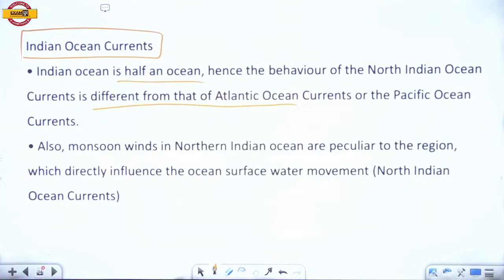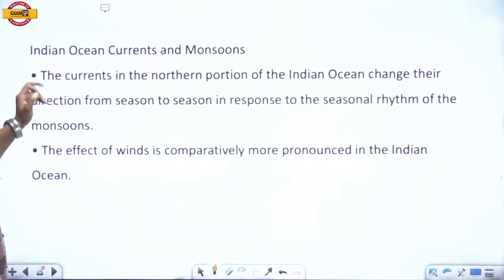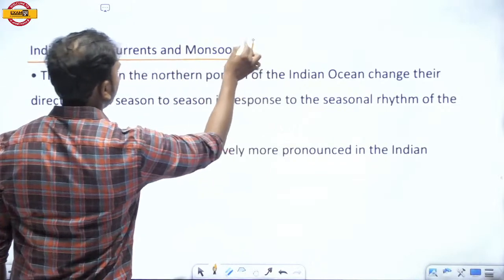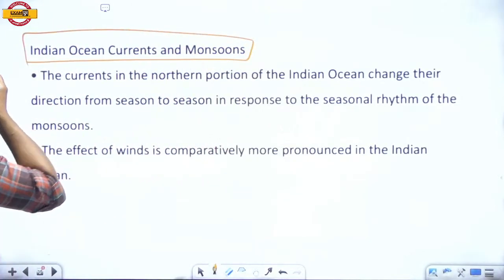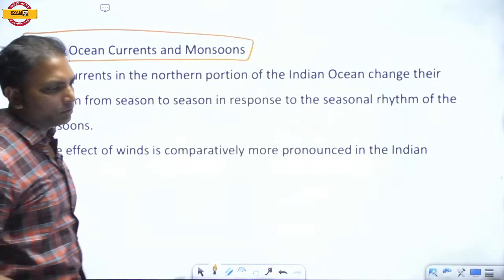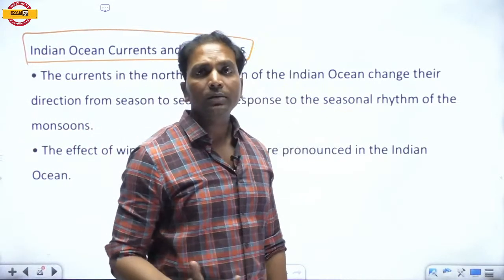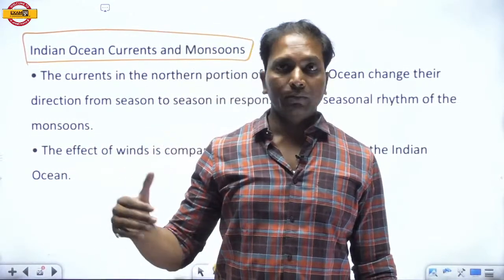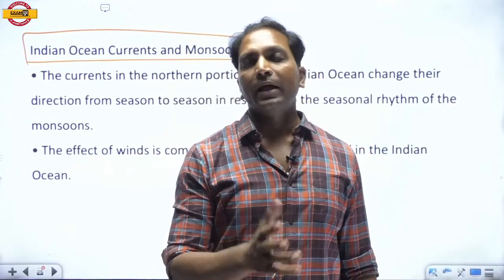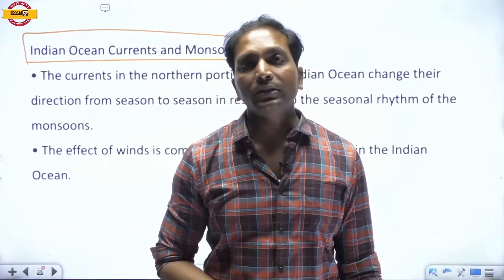Next, we are seeing Indian Ocean currents and monsoons, and how these two correlate. The monsoonal winds are seasonal. In summer, they blow from the southwest, and in winter, from the northeast.